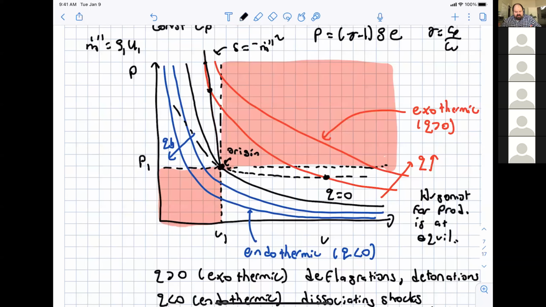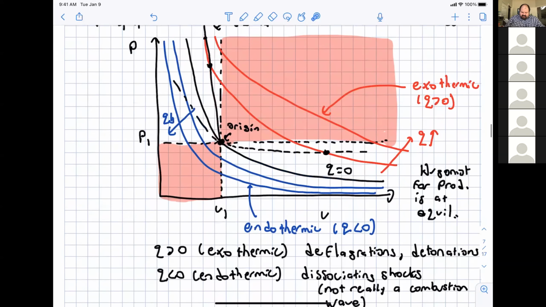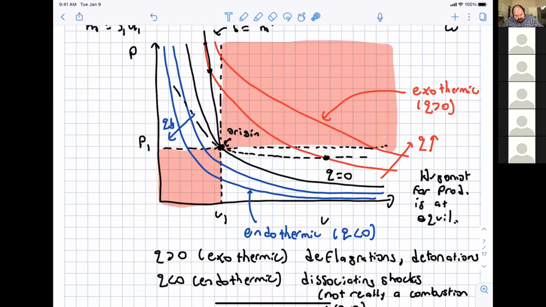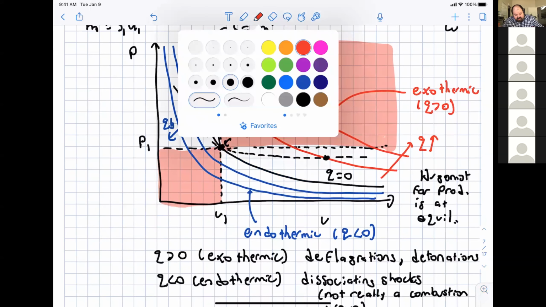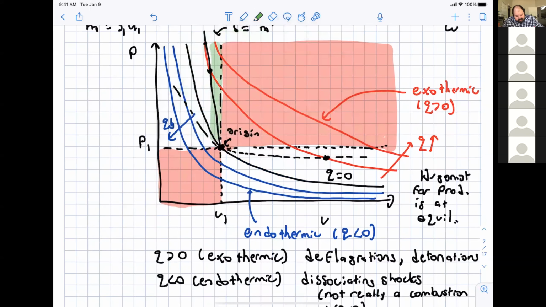In other words, all of these Hugoniots for the products are assumed to be at their full chemical equilibrium composition, so any dissociation, if the temperature is very high, is already taken into account in these curves. And as I said before, we have two completely different families of solutions. This branch up here is the detonation branch.